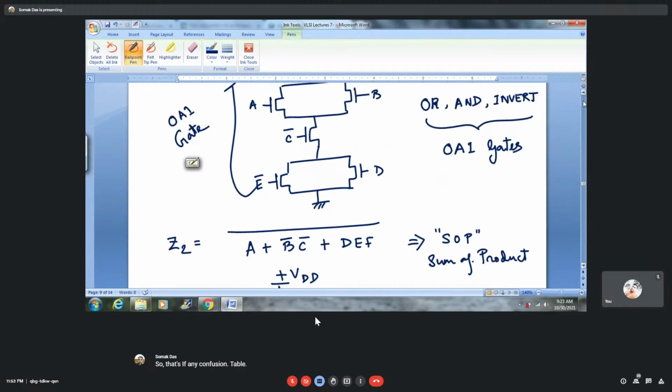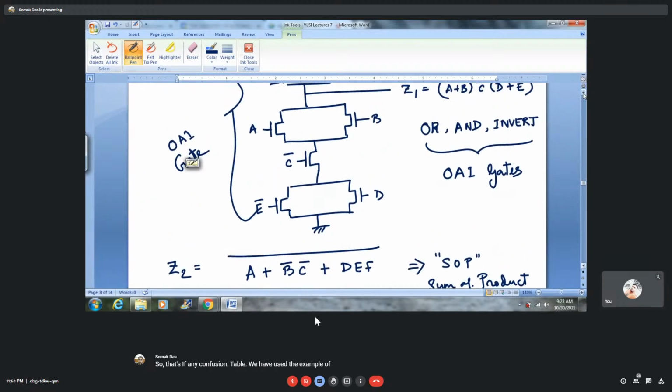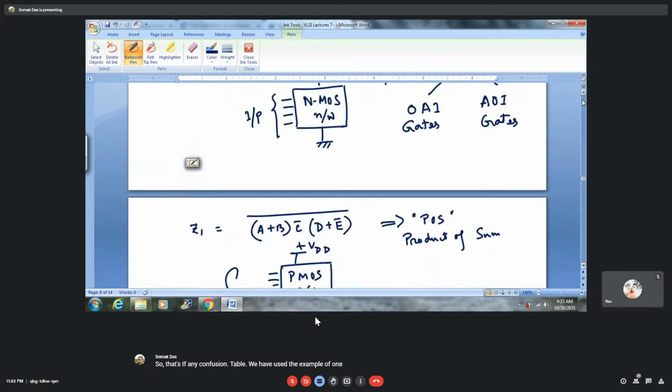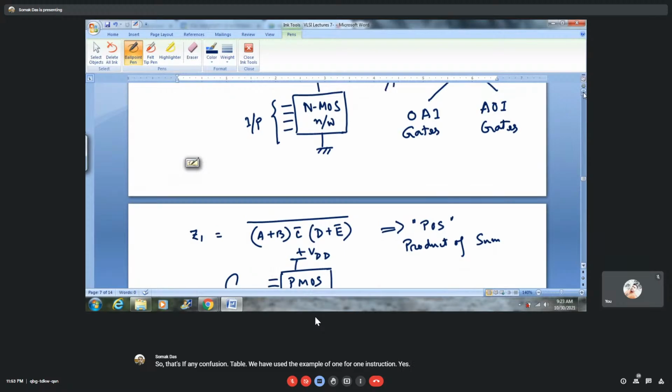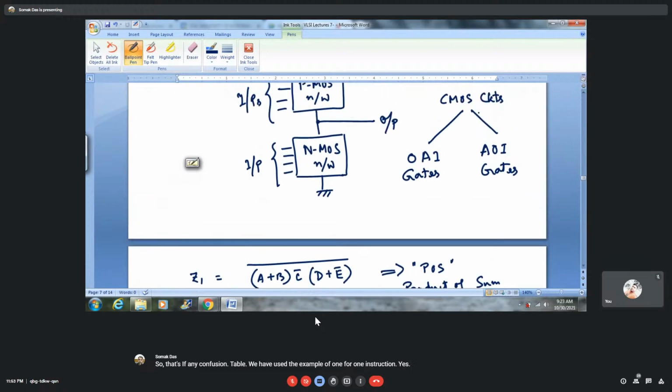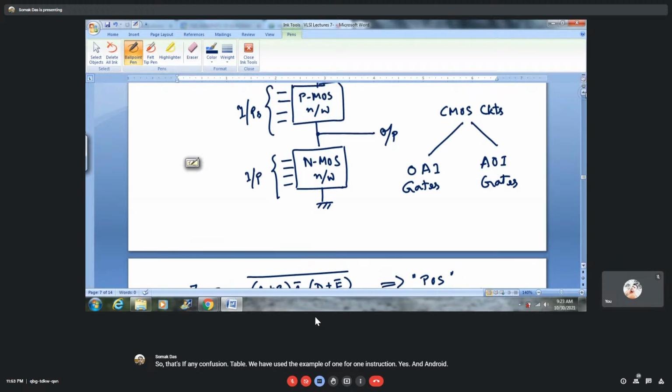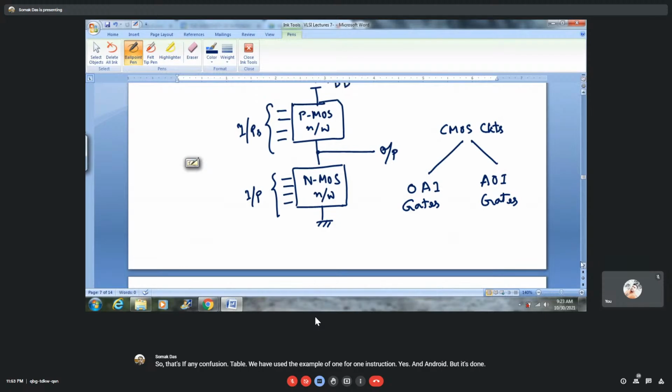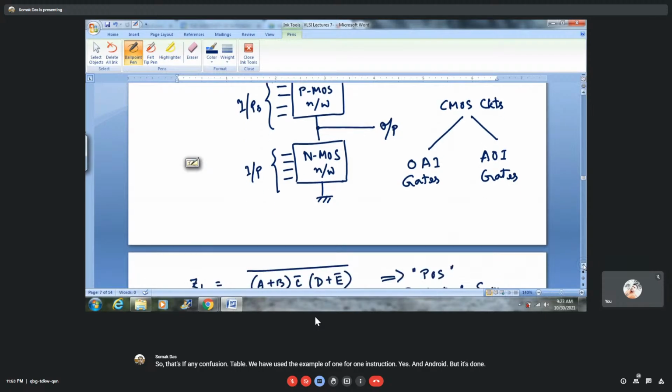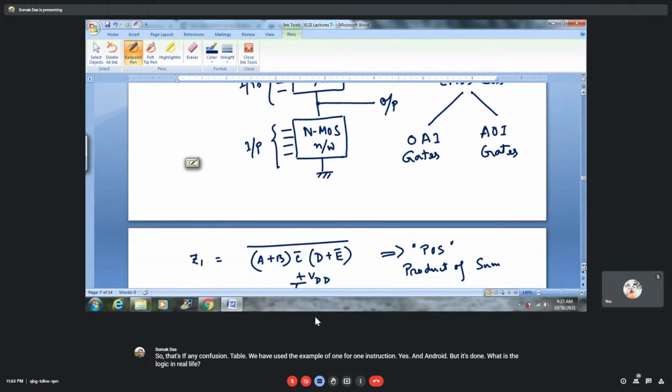So we have used the example of two circuits, one for Z1 expression, another for Z2 expression, to further classify CMOS circuits. CMOS circuits can be broadly classified into OR and invert gate and AND or invert gate, based on what logic is being realized within the NMOS network.